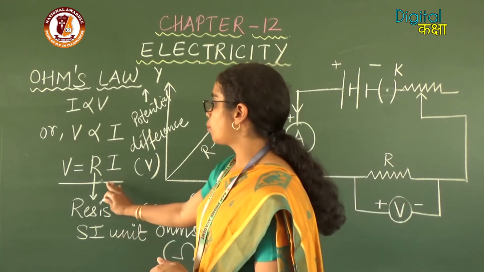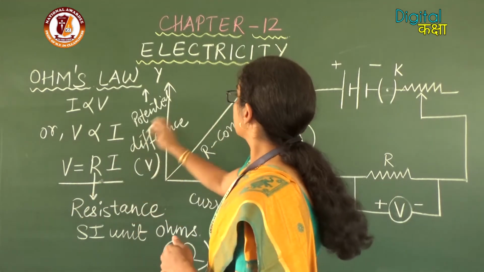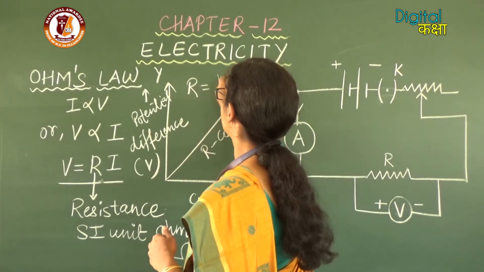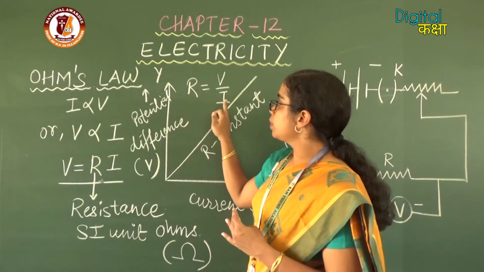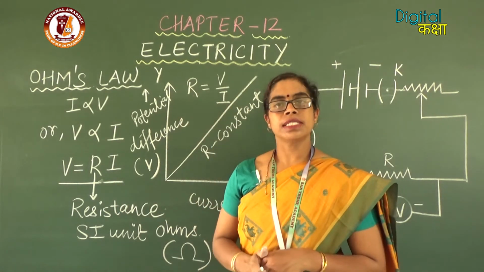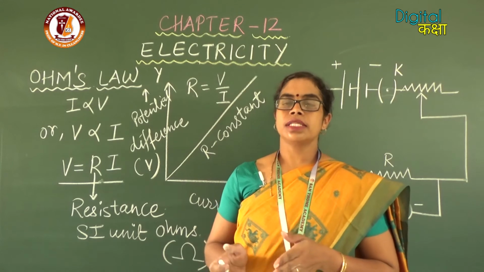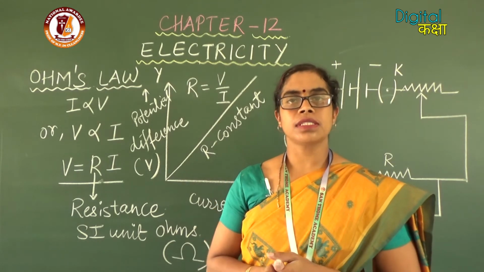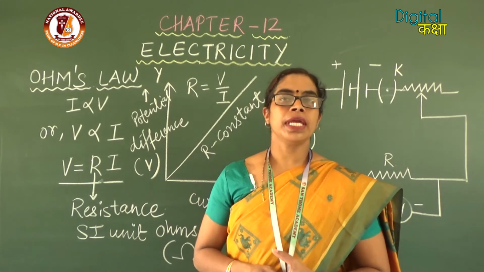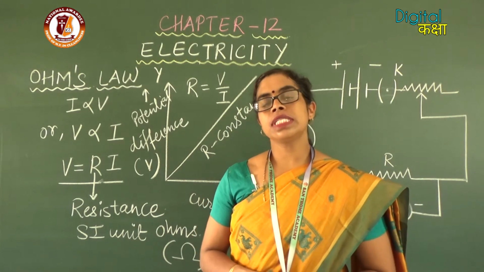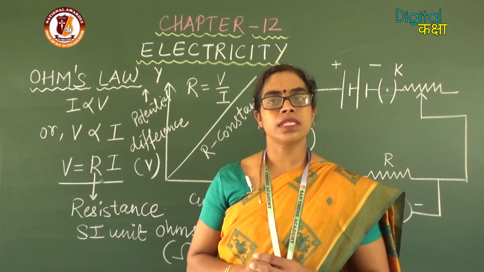The formula for the resistance can be given as V upon I from this equation. From this formula, we can say that the current and the resistance are inversely proportional. The current flowing in the circuit is inversely proportional to the resistance.